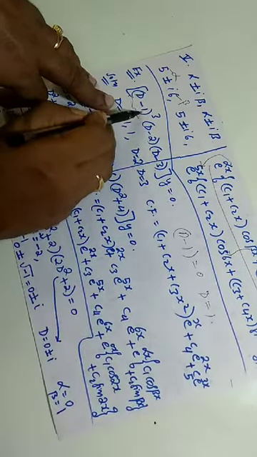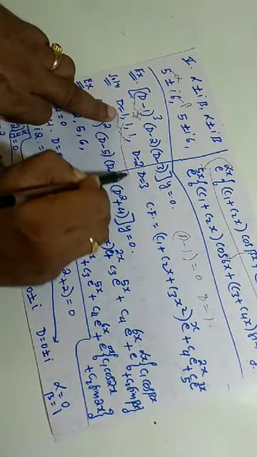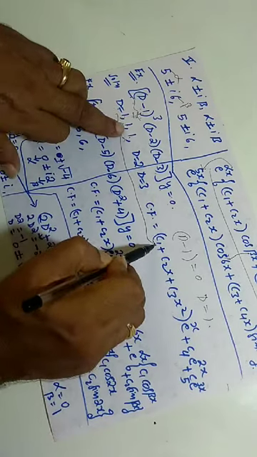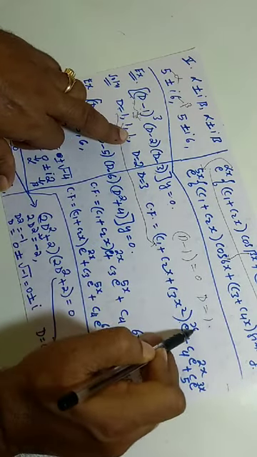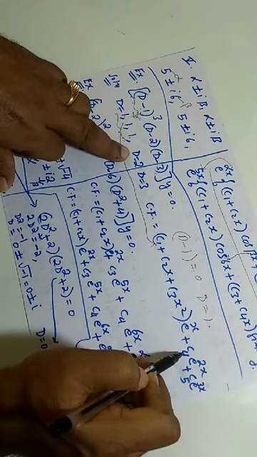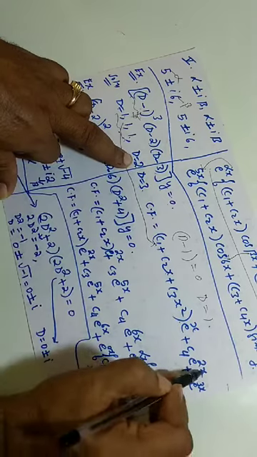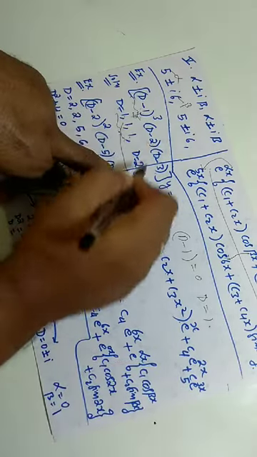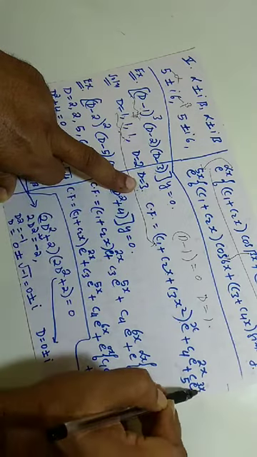Next, d is equal to 2, d is equal to 3. Now these 3 are repeated, so for the first one c1, for the second one c2x, for the third one c3x squared, into e to the power 1x. Next, these roots are different: c4 into e to the power 2x. This is also different from this, not equal, therefore c5 into e to the power 3x.